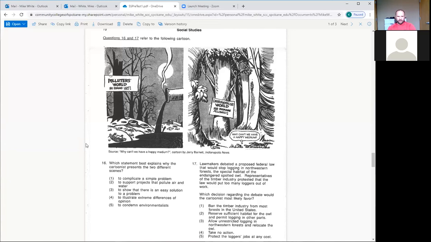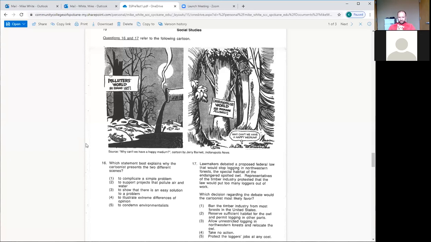Number 1, to complicate a simple problem. 2, to support projects that pollute air and water. 3, to show that there is an easy solution to a problem. 4, to illustrate extreme differences of opinion. Or 5, to condemn environmentalists. So, as always, there's a couple that really stand out as obviously being wrong.